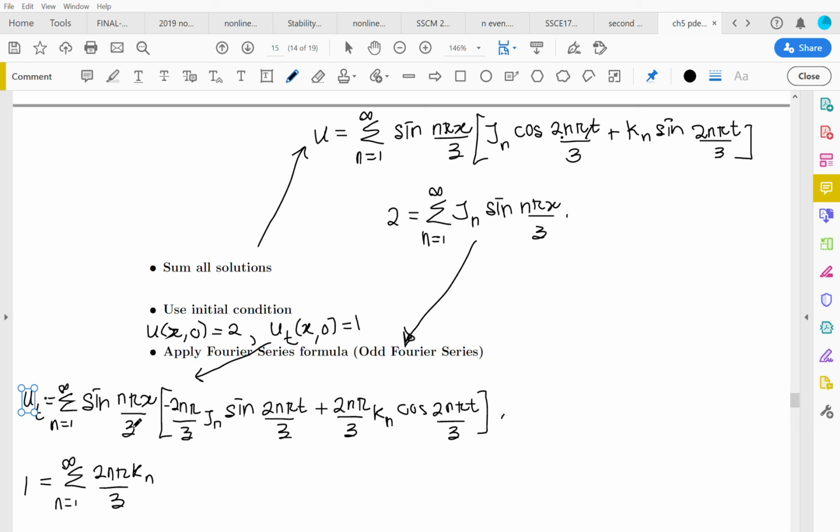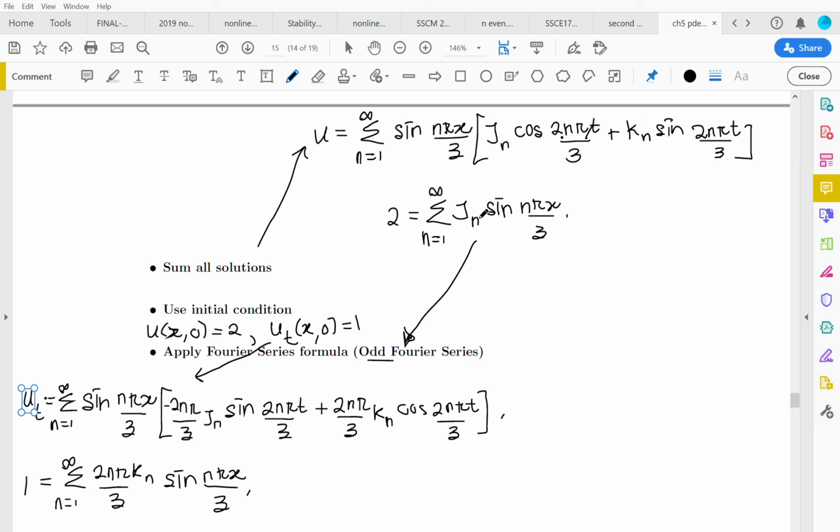Then we still have the outside part, sine n pi x over 3. So we have to find Jn and Kn for this case using the Fourier series. Both are odd Fourier series.